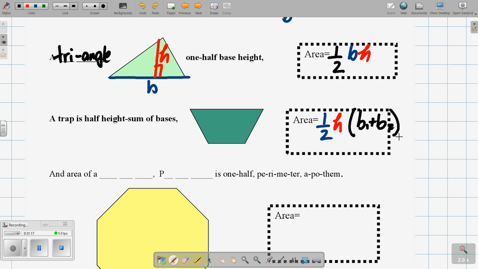The equation that I just wrote, half height sum of bases, that's what you're going to find in the back of textbooks. It is the exact same thing as averaging times the height. This one is just found in the back of most textbooks. It is the exact same concept going on right here. Last one.